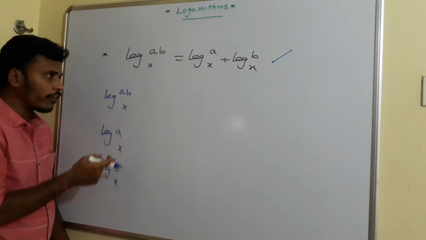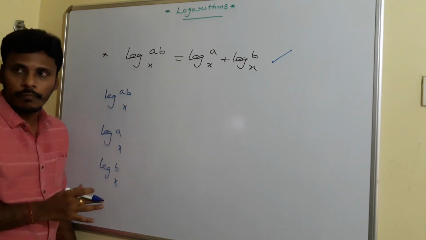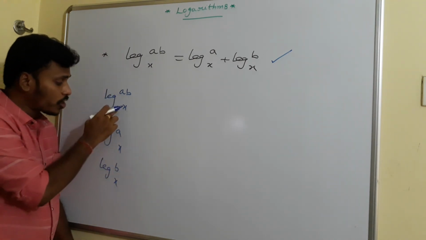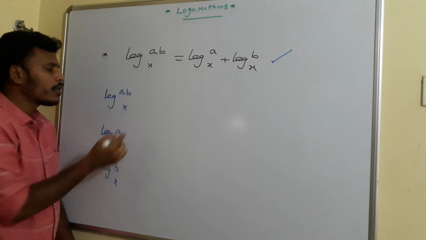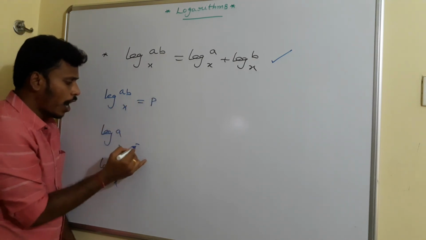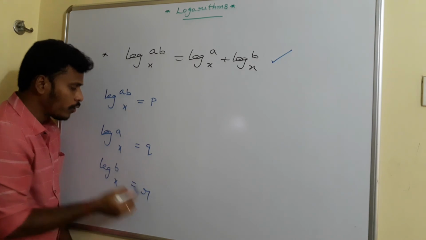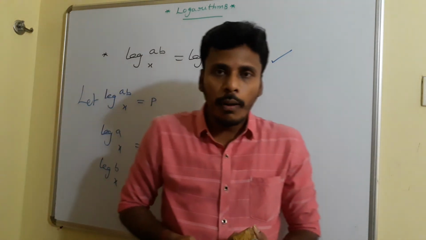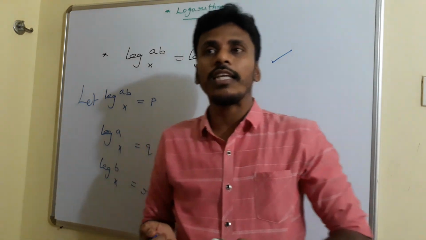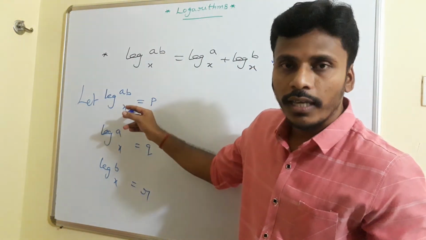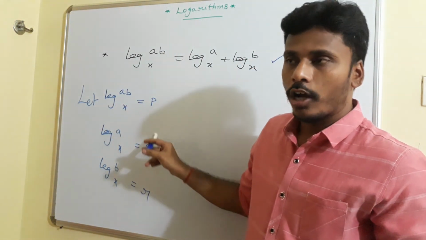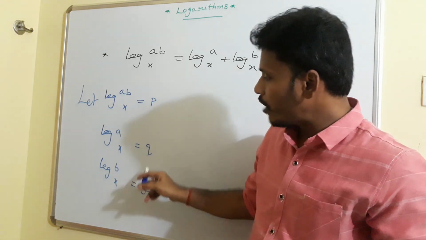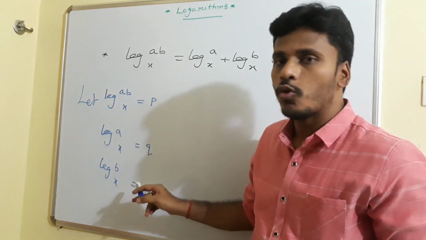These are the three different terms involved in this problem. And now you just take these three terms as, say, p, q, r. The problem involves three logarithms like logarithm of ab base x, logarithm of a base x, and logarithm of b base x, and you just take these values as p, q, r.